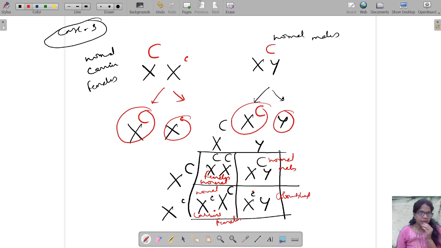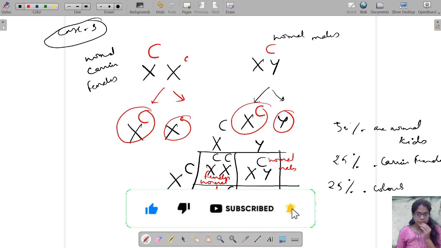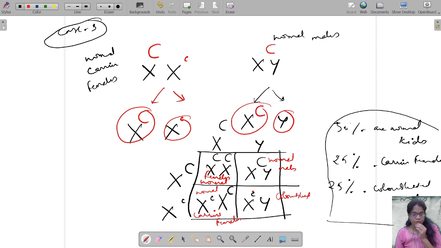Now that is how you interpret it: 50% are normal kids, I can say, 25% are carrier females, and 25% are color blinded males.